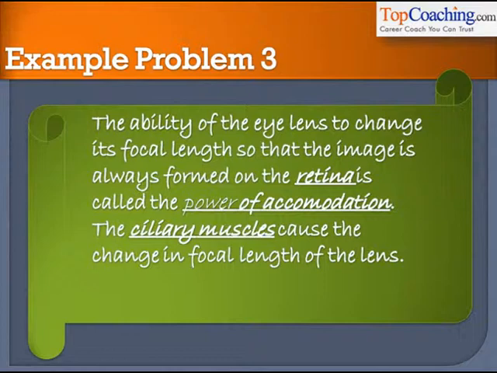The ciliary muscles cause this change in focal length of the lens, isn't it? We had also learned that these are the muscles situated above the lens and below the lens, and they expand and contract to change the focal length of the eye lens. So that's our answer. So there you go. These are some important facts about the eye that you must remember.